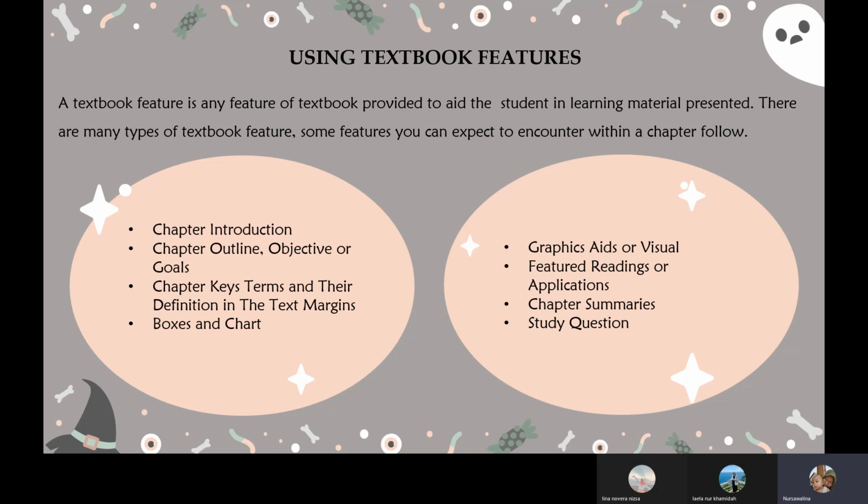And the number seven is chapter summaries. They usually appear at the end of chapters and present a condensed version of key information. And for the last, study questions, review exercises and other learning devices are found at the end of the chapter. These devices allow students to test whether or not they really know the information and to make predictions about test questions.